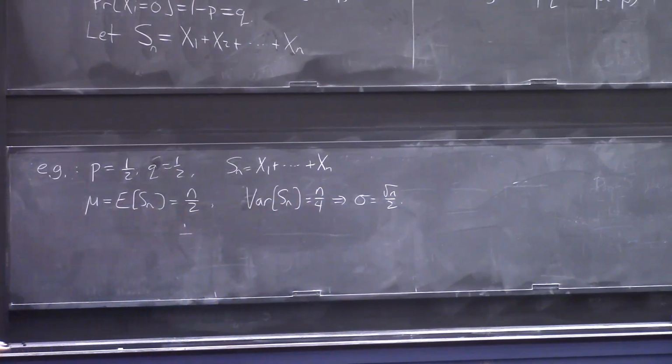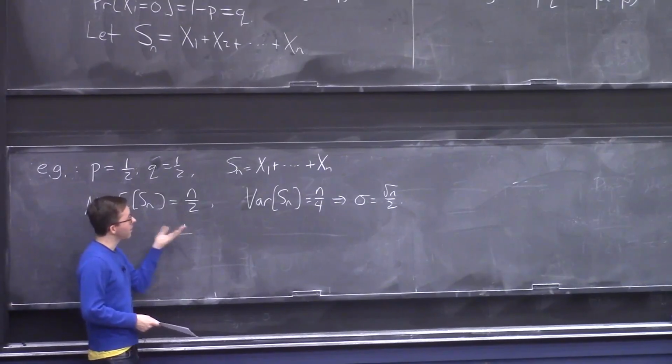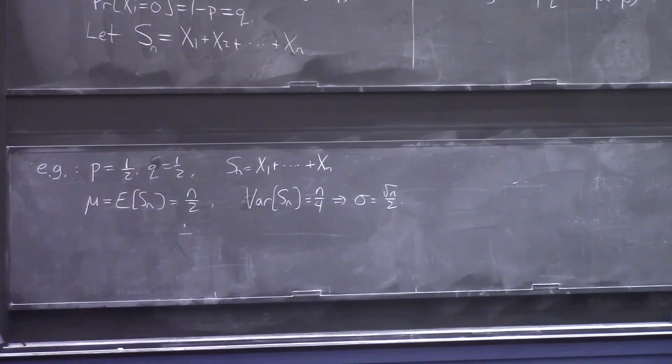You should really, for non-ridiculous random variables, think of the standard deviation as the amount by which the random variable typically deviates from its mean. And this is true. If you flip n coins, you expect the number of heads to be like n over 2, but it should fluctuate within a range. It's like a few constant multiples of root n, typically.